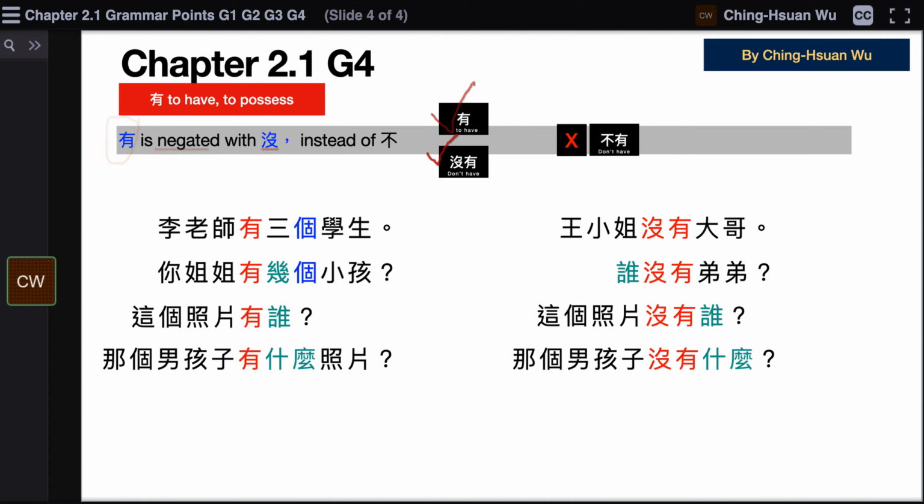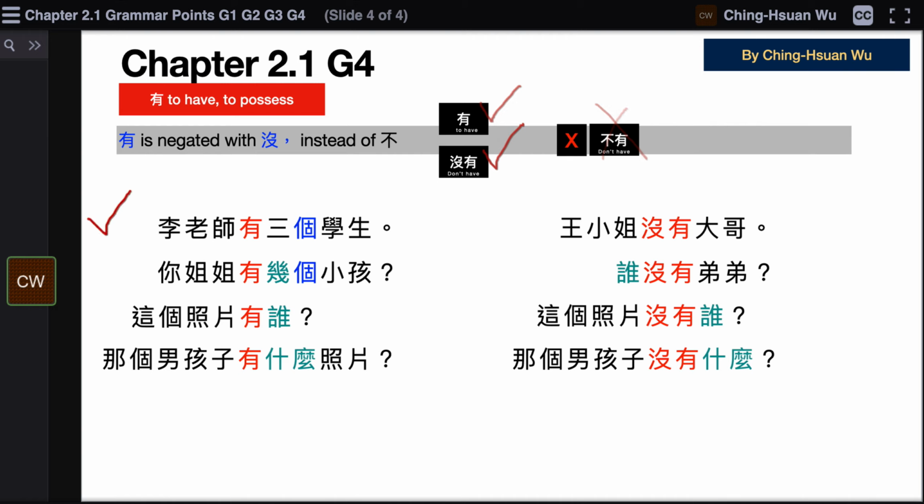There's another negation marker that we learned previously, which is 不. 不 does not go with 有. Therefore, if you want to say I don't have, you cannot say 不有. It is wrong. Again, I have, 我有. I don't have, 我没有.